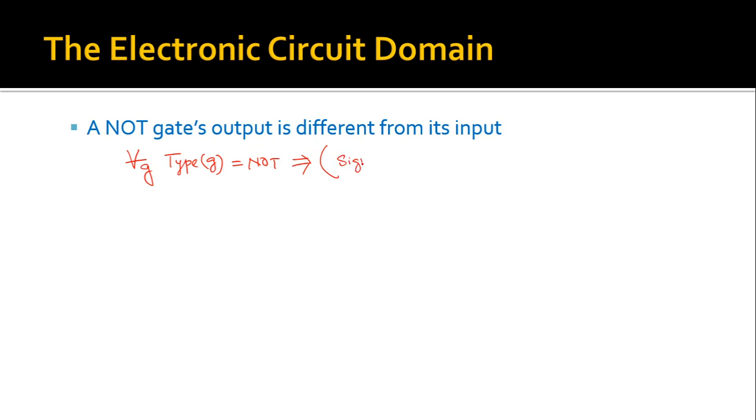That the signal in the input terminal, it has only one input terminal, should not be equal to the signal in the output terminal. It has only one output terminal. So this is what we can write for the NOT gate.